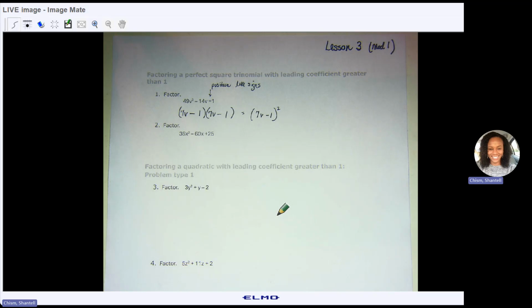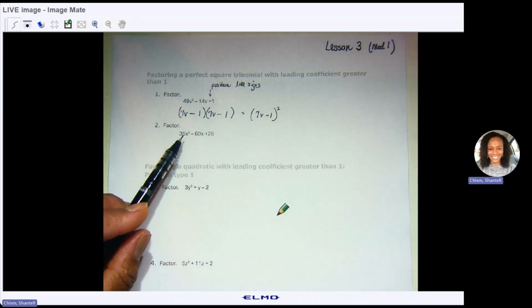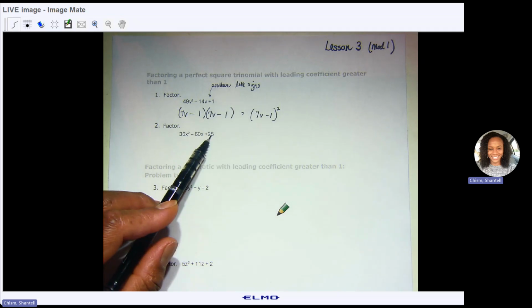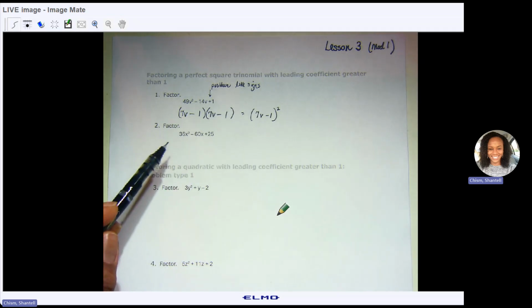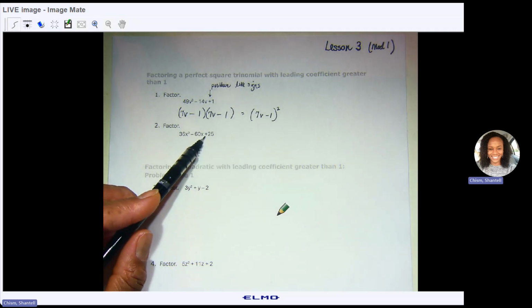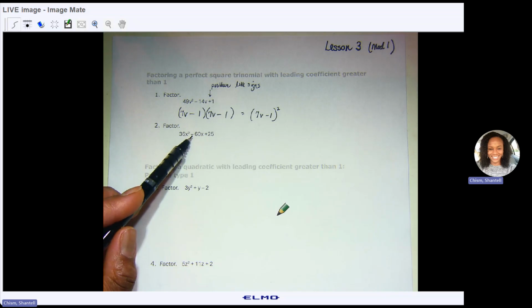For problems like this, they may just say factor, but I want you to examine the first term and notice that it's a perfect square, and examine the last term and notice that it's a perfect square. Also, when you're dealing with a perfect square trinomial, that constant term, that C, will always be positive. And then the middle term will tell you what both signs are.